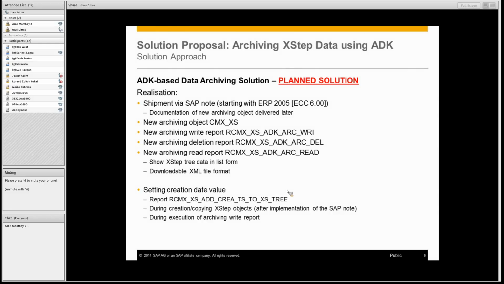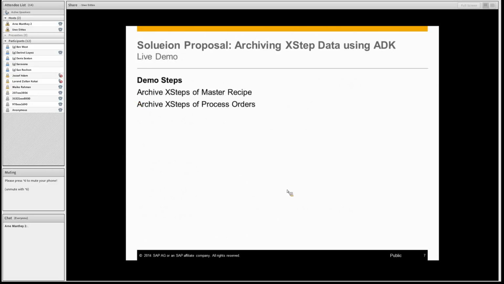And if you select objects that don't have this creation timestamp, we will do this automatically as well if we execute the archiving write reports for the found XStep tree data.